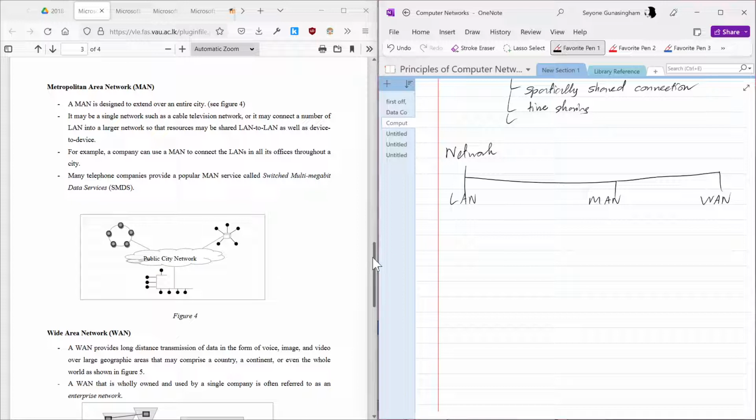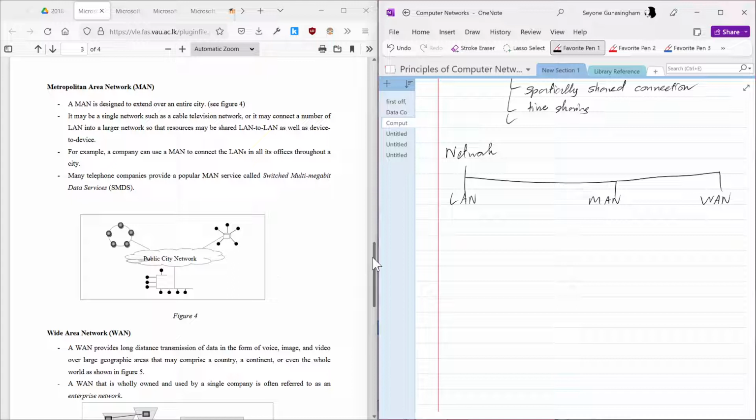Now we have the metropolitan area network, which is a larger version of a LAN. It's not limited to a single building or a single person. It can be owned by an organization or by a government.